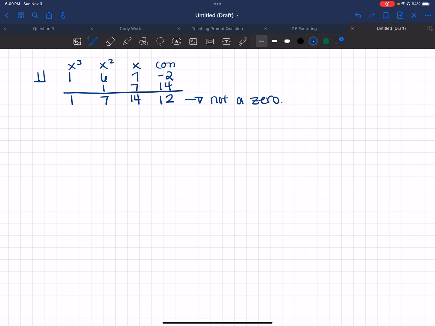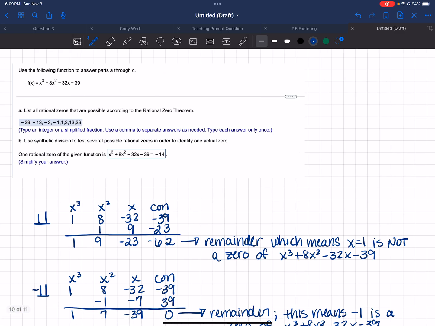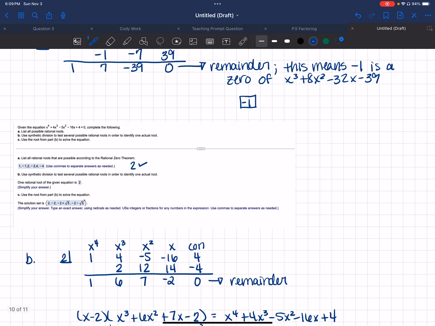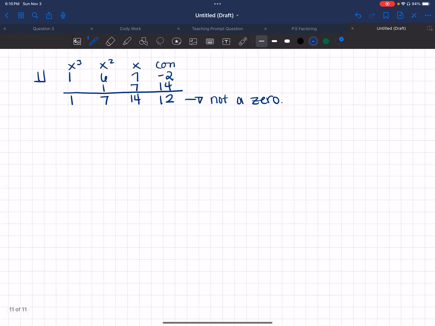Do we want to try... Let's try -1. I think that was one of your choices, correct? Yes, it was. -1 was one of your choices, so let's put -1 in there. And once again, I have x cubed, x squared, x and a constant: 1, 6, 7, -2.